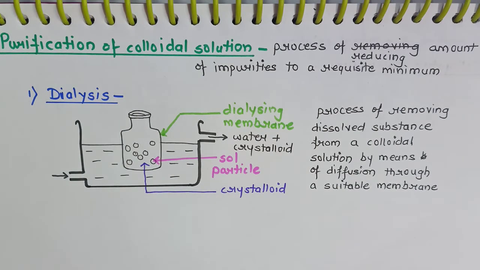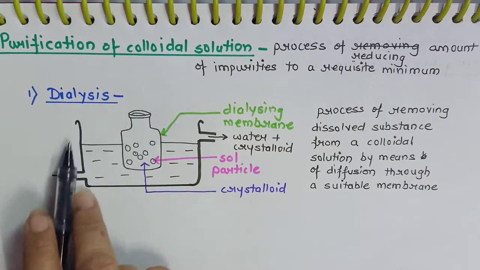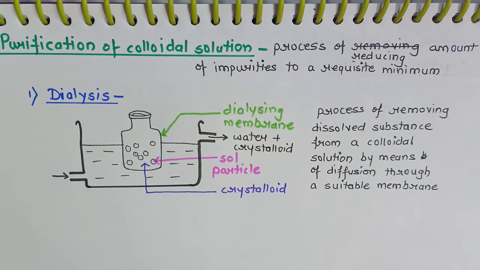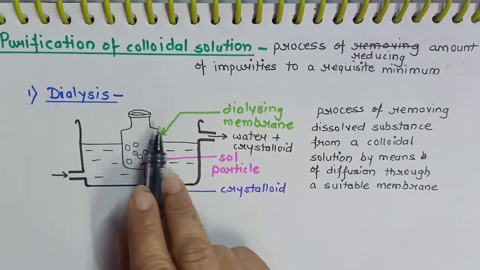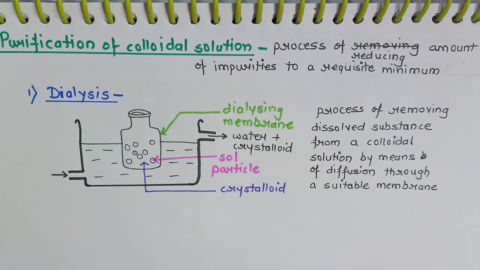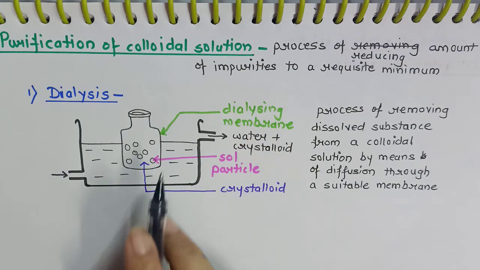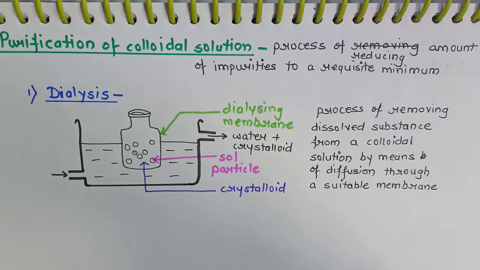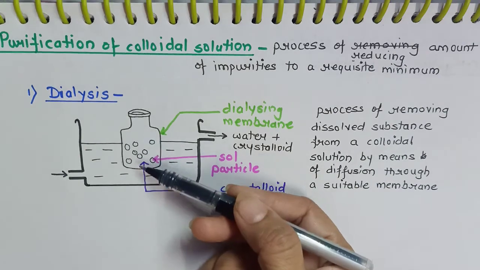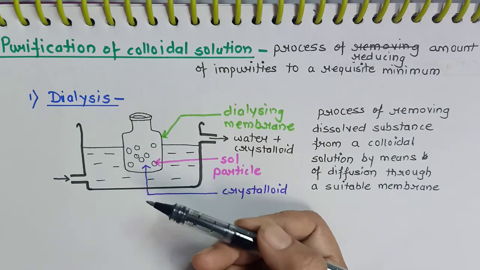Various methods of purification of colloidal solution are available. The very first method is dialysis. The setup is known as a dialyzer. The colloidal solution is taken in a dialyzer bag which is made up of dialyzing membrane, and this is put in fresh water. What happens during the process? The particles of the colloid are not able to cross this dialyzing membrane.